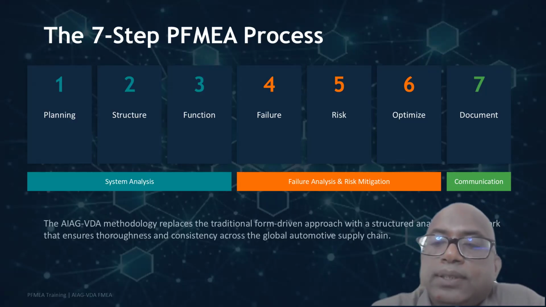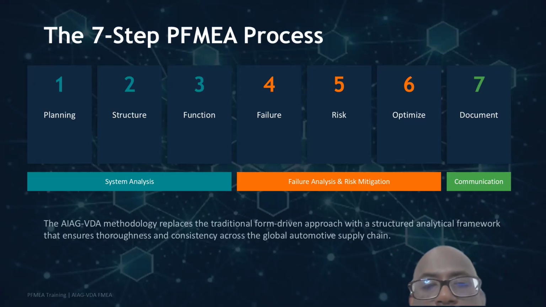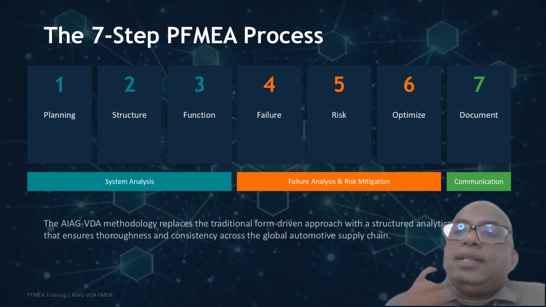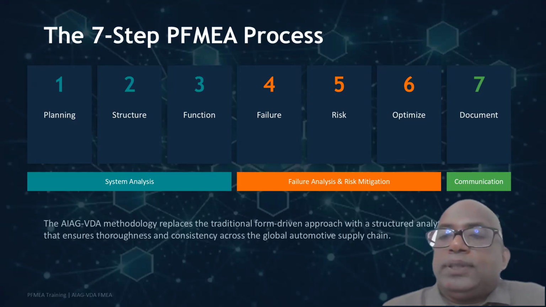I am going to explain those 7 steps one by one. The AIAG VDA methodology replaces the traditional form-driven approach with a structured analytical framework that ensures thoroughness and consistency across the global automotive supply chain. This is the new version approach.